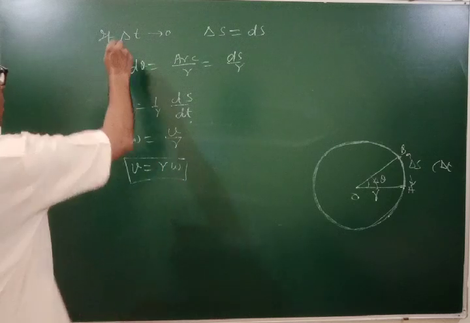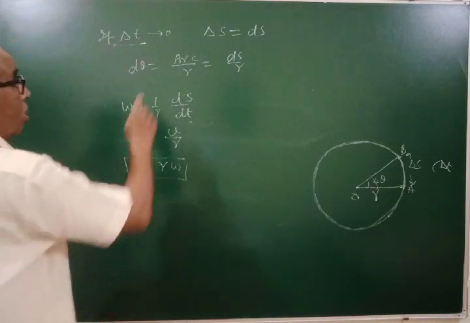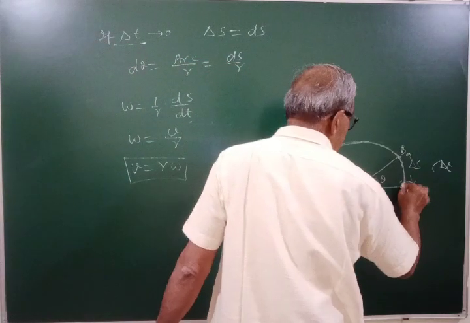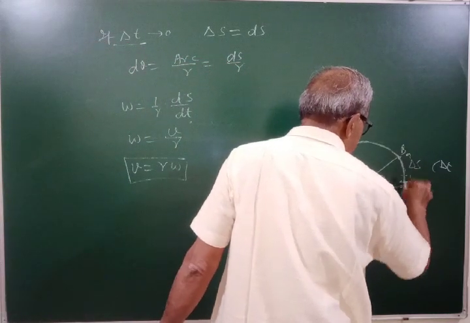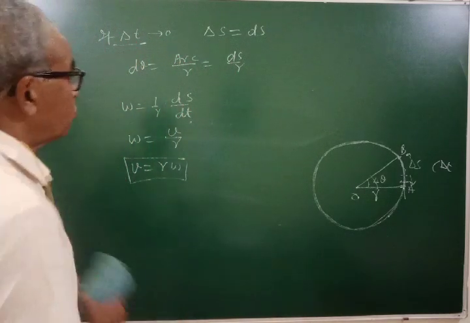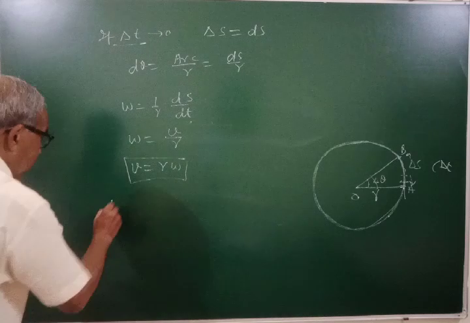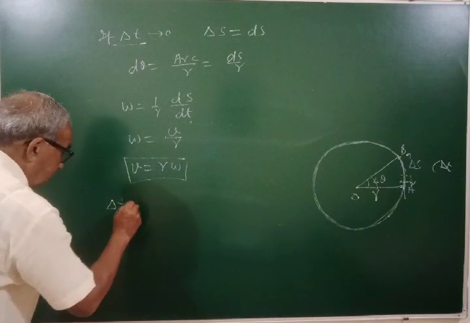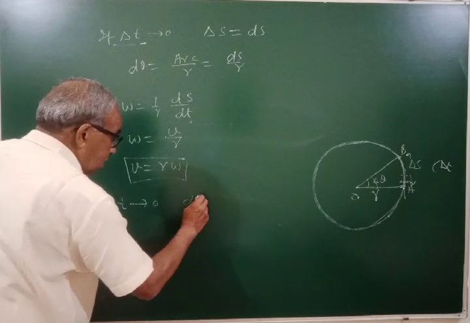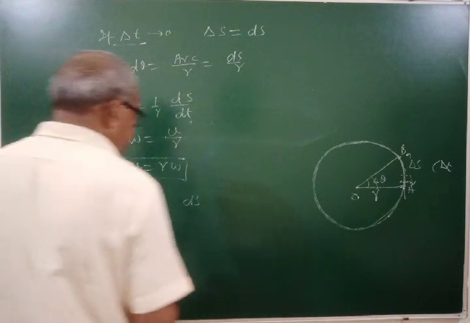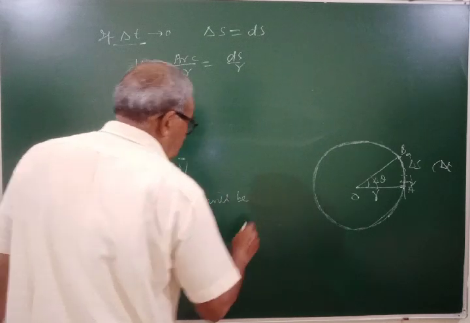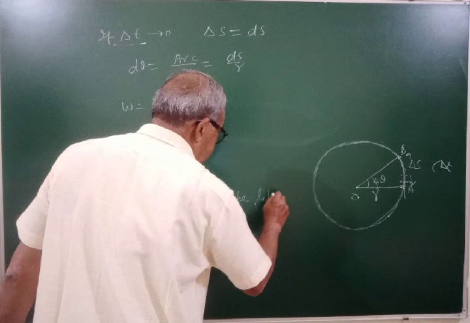I told you when delta t tends to 0, delta s becomes ds, which is a small length, and here the arc becomes like a tangent.